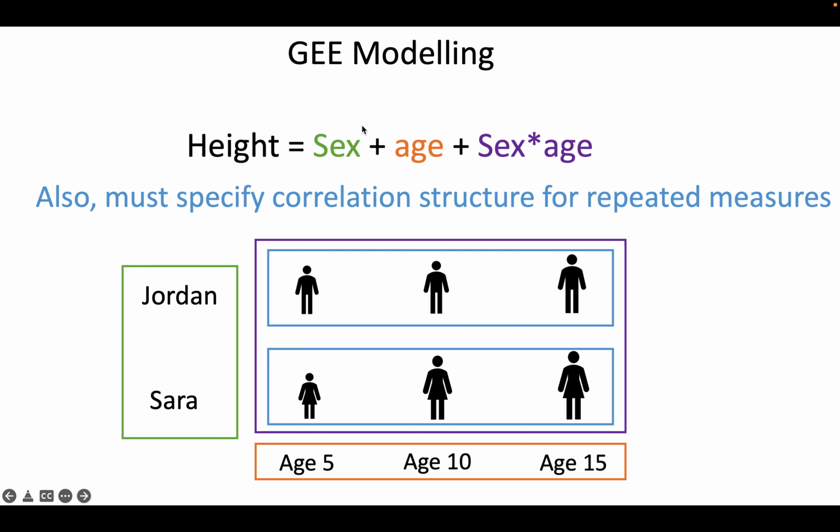And what makes this different from a lot of other modeling is we also have to specify the correlation structure for these repeated measures. There are a few you can choose from that I'm just going to go over quickly. What I mean by that is we know that for Jordan and for Sarah, Jordan's different height measures are going to be dependent. Like if he was a tall 5-year-old, it's likely he's going to be a tall 10-year-old, for example.